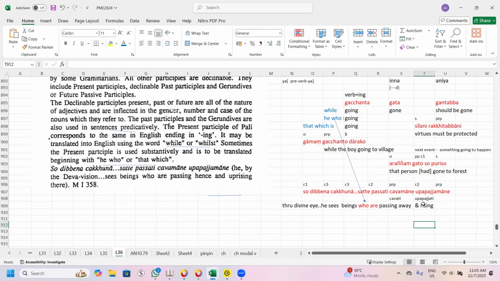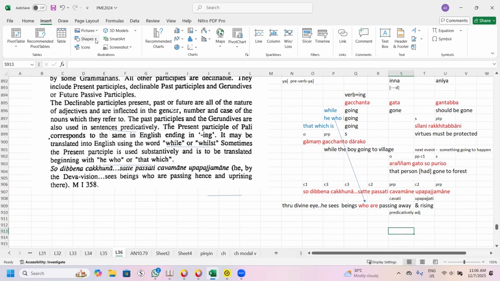"Upapajati" is rising. So can you see this is a predicative? This is what I'm trying to say. I have to draw a line so that in future I also don't have to think so hard, and sometimes I forget.